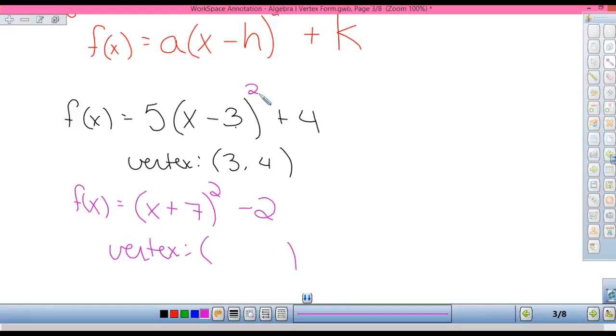Okay, you're close. It's x minus h. So if this is going to be x minus negative 7, for that to be a plus, x minus negative 7 would turn that into a plus, right? Okay, so Alyssa, what's my k? Negative 2, yep, because it's going to be plus k, so it's going to be plus negative 2.